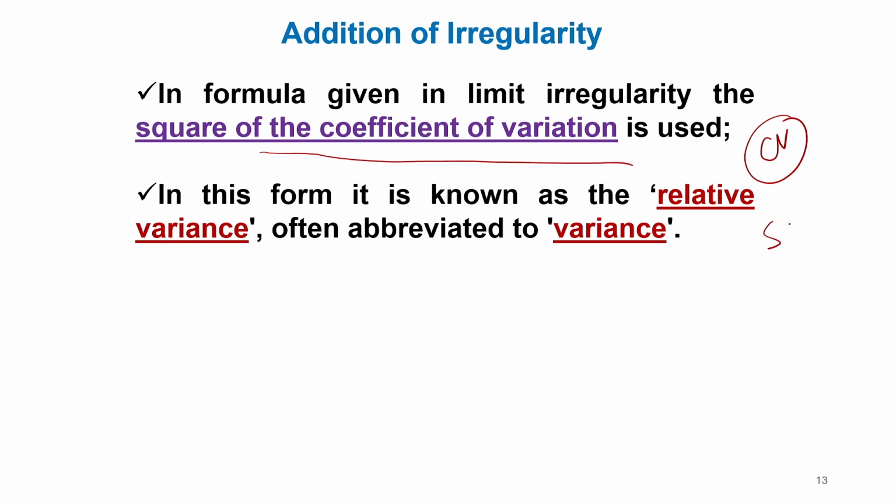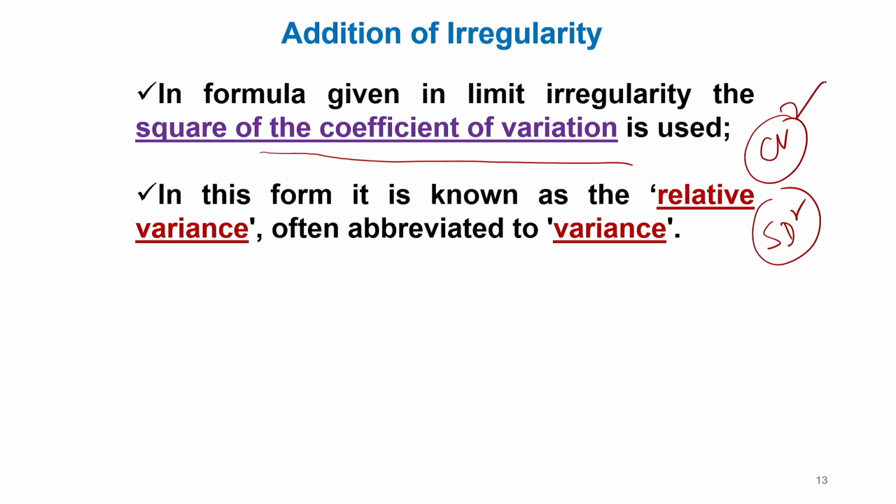So, variance can be added, standard deviation square can be added, but also we can add the relative variance. Relative variance is CV% square.